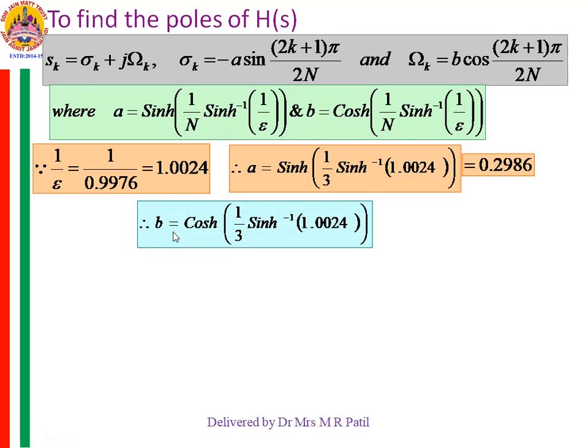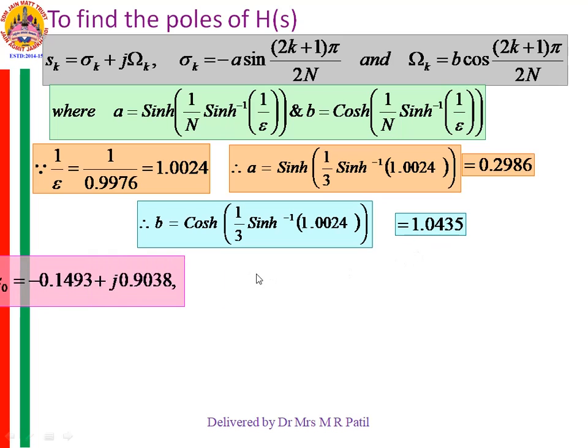Similarly, let us obtain b, which is cosh of 1 by 3 sinh inverse 1. You have already computed sinh inverse 1 and divided it by 3. Take cosh of that value, so that you get b. 0.95. Here I have taken 1.0024, so I am getting 1.043. 0.95 or 1, they are almost near to each other.